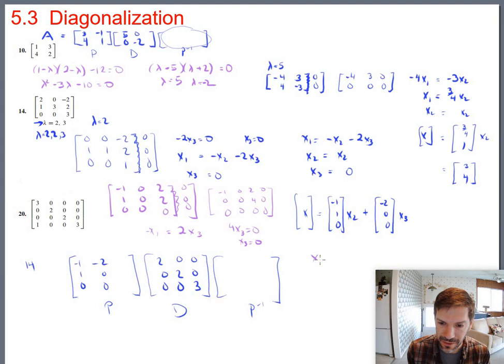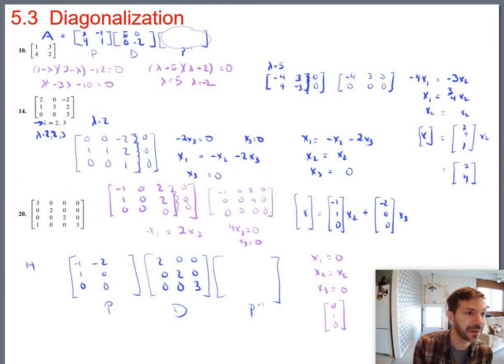So we've got x1 equals 0, x2 is free, and x3 is 0. So after factoring the x2 out of that, you get 0, 1, 0 for my other eigenvector. All right, so let's put that one in there as 0, 1, 0. There's the diagonalization for 14.